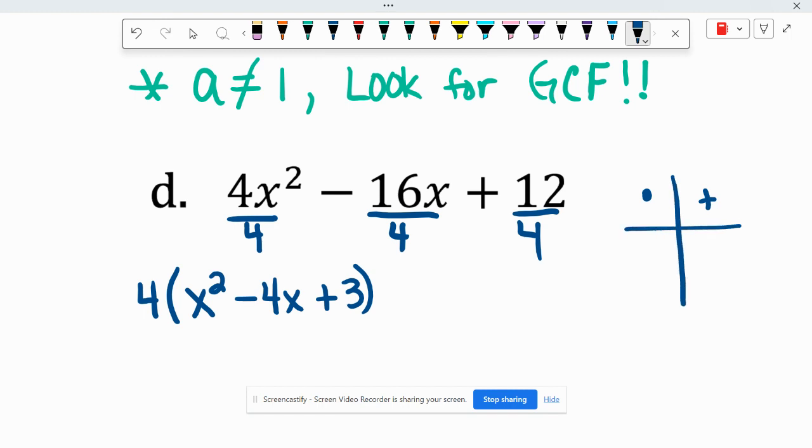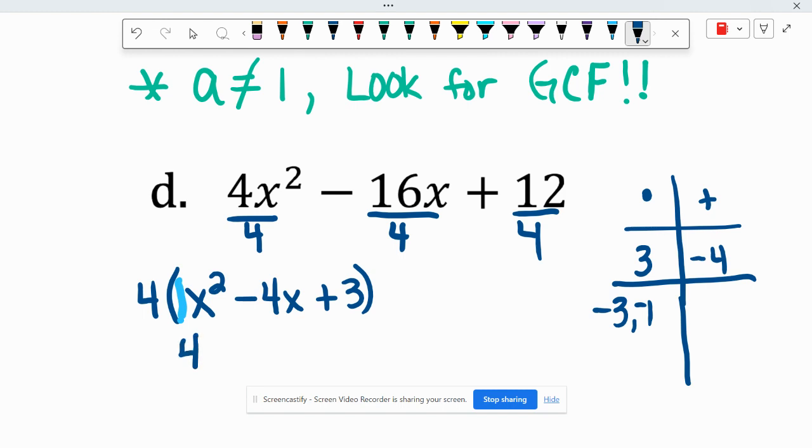So now I can set up my times plus chart, and the factors that I choose are the factors that I use. So if A is 1, A times C, 1 times 3 is 3, has to add up to B. So let's list all the factors of 3. So what do we know? They've got to be negative.